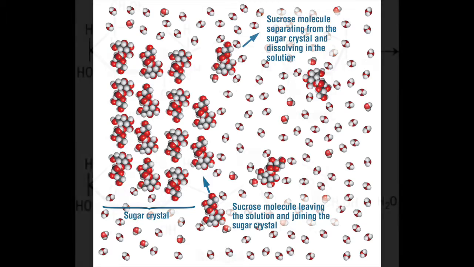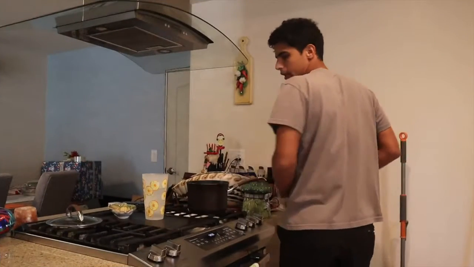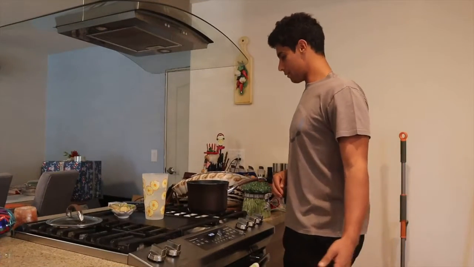As you can see in the figure above, this is how sucrose looks. These simple sugars can be linked in many different ways, and sucrose itself is a disaccharide made of glucose and fructose.